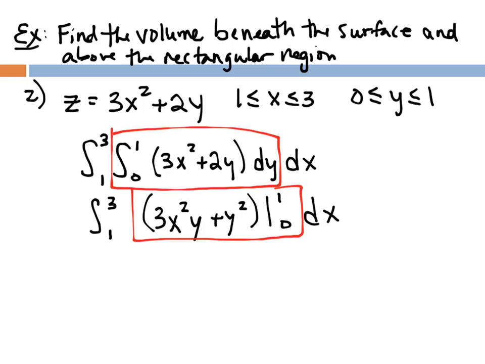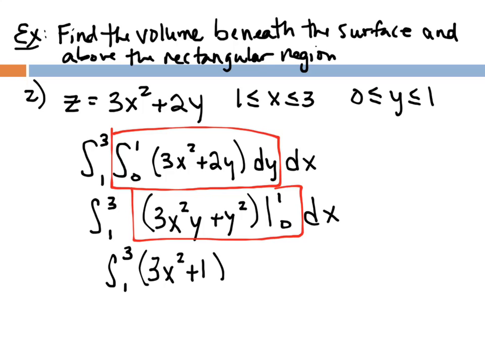So we're putting 1 and 0 in for what variable? Y. If I put in the number 1 for y, I get 3x squared plus 1. What if I put the number 0 in? I get nothing. So this is the evaluation of the part in red.